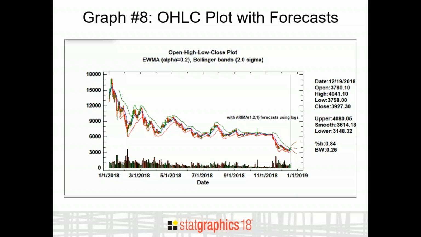And for the Bitcoin prices in 2018, the automatic forecasting procedure selected an ARIMA(1,2,1) model. And I actually fit that ARIMA(1,2,1) model to the logs of the prices. Because of the dramatic changes in the price, I thought it was best to fit the models to the logs.